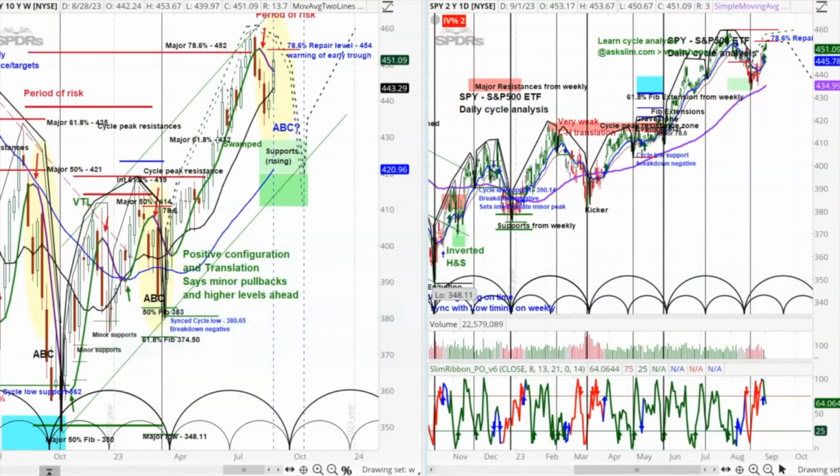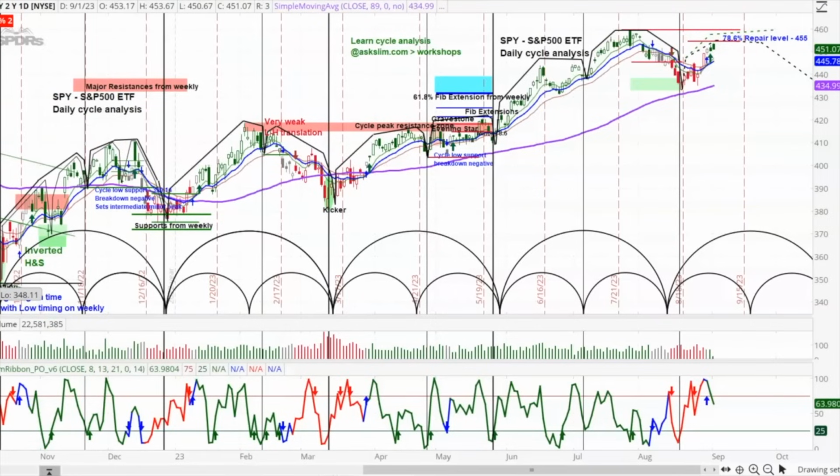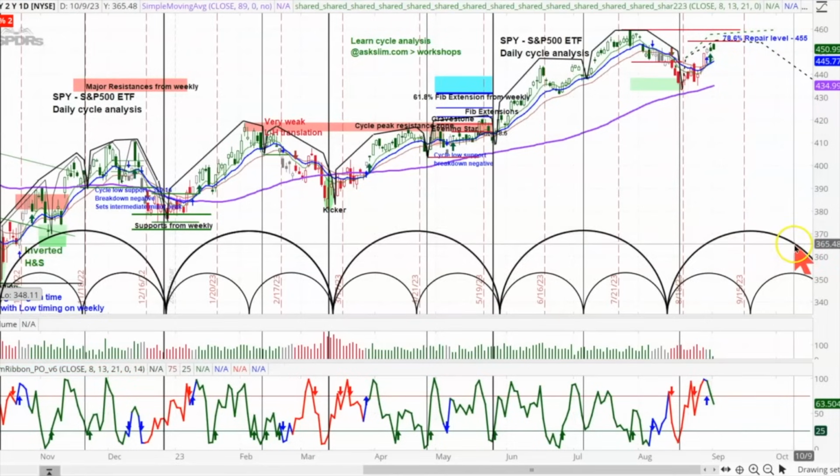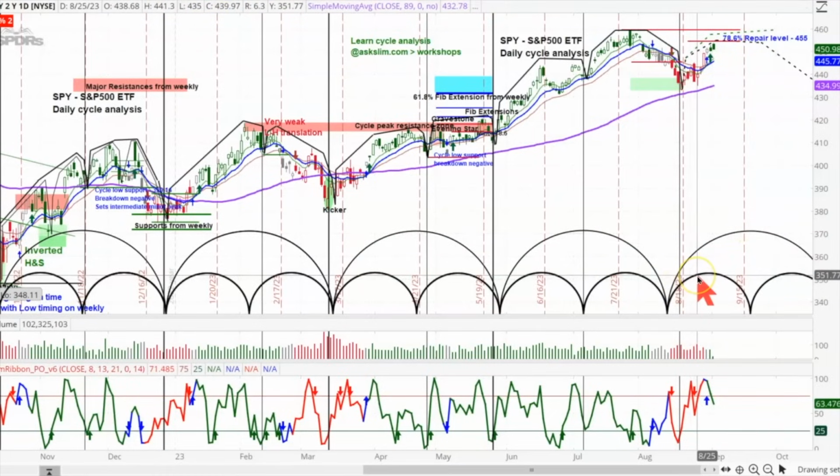Now, let's start out at the daily chart, because what's important in here, not only for you to see the magnificence of the harmonics that are in here, but also what's going on right now and what that means to the market. Now, our assumption was that this whole cycle over here would be a correction, and that would continue then on the downside after some minor rebound in here.